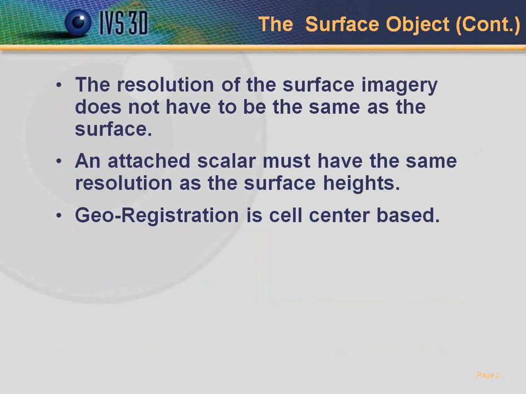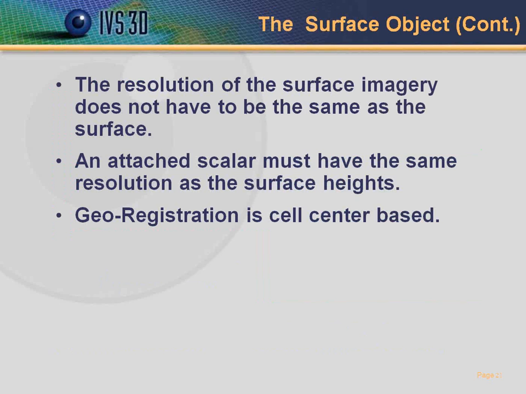Now, if people have been using the old version of Fledermaus 6, surfaces, the color data, the imagery data, and the underlying surface always had the same resolution. That is not true in version 7 anymore.